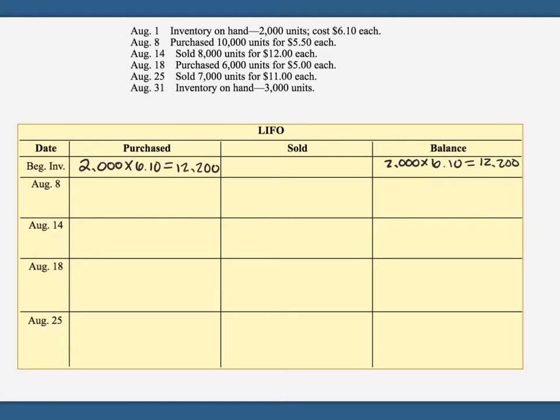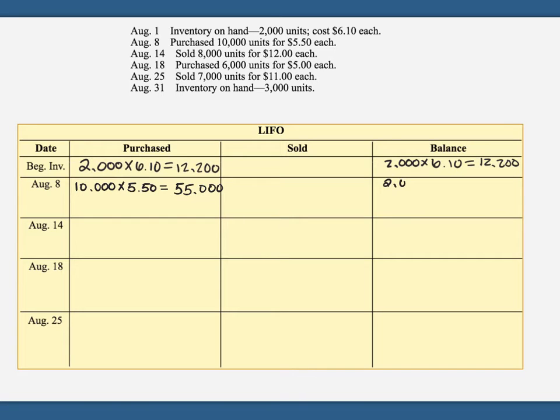Moving on to our next transaction, we have August 8th. They purchased 10,000 units for $5.50 each. So we'll plug that in, 10,000 units for purchase at $5.50 a piece. So the total amount there is $55,000. We again come to our end balance.